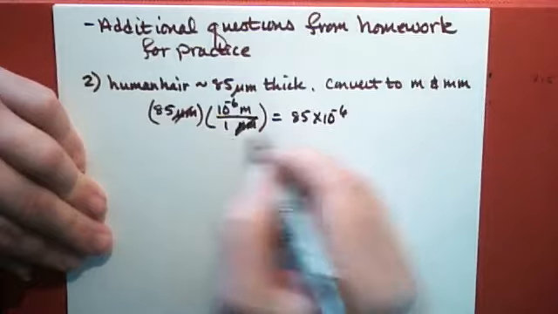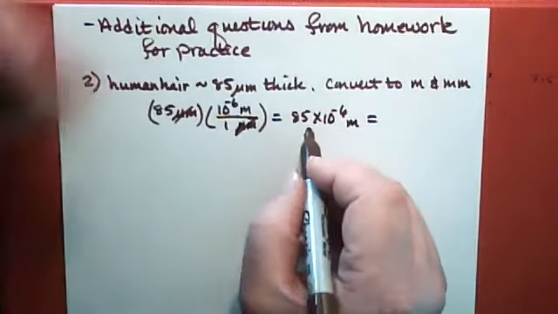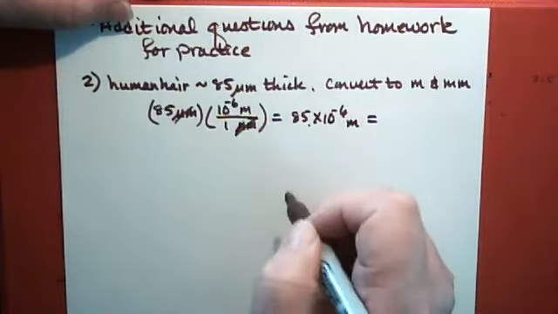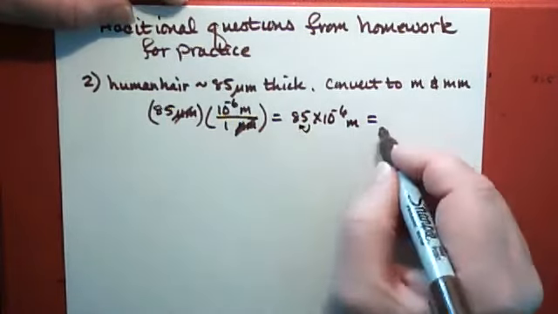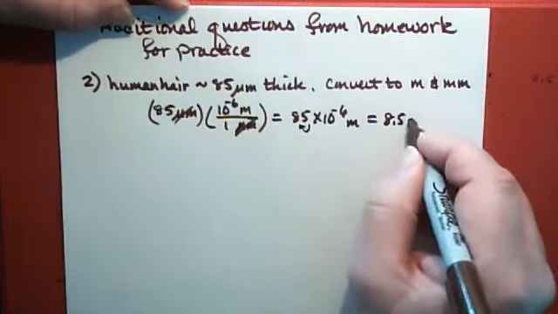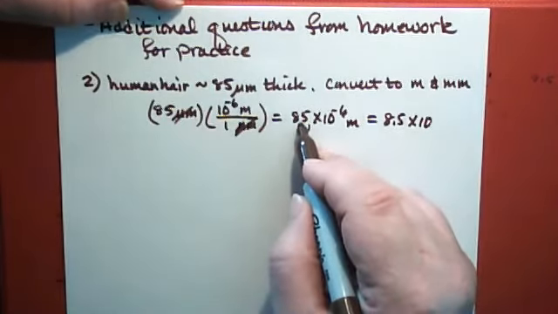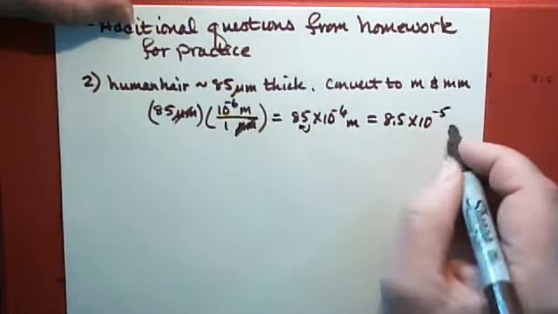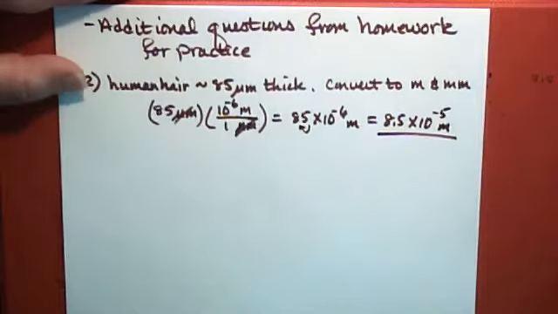You notice micrometers cancel. Meters. I did this in my head, which is why this is not proper scientific notation. So if we move the decimal point to make it proper scientific notation, moving the decimal point made the first part of the number smaller, so we have to make the exponent bigger. It's 8.5 times 10 to the minus 5 meters.